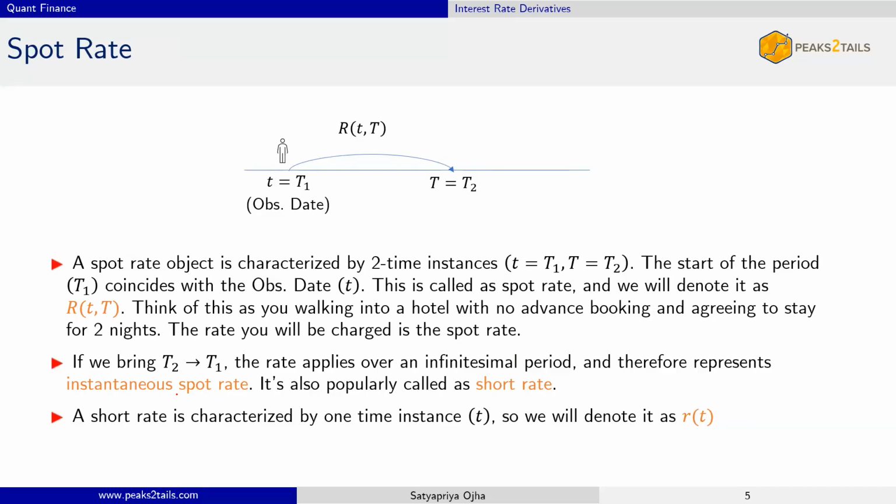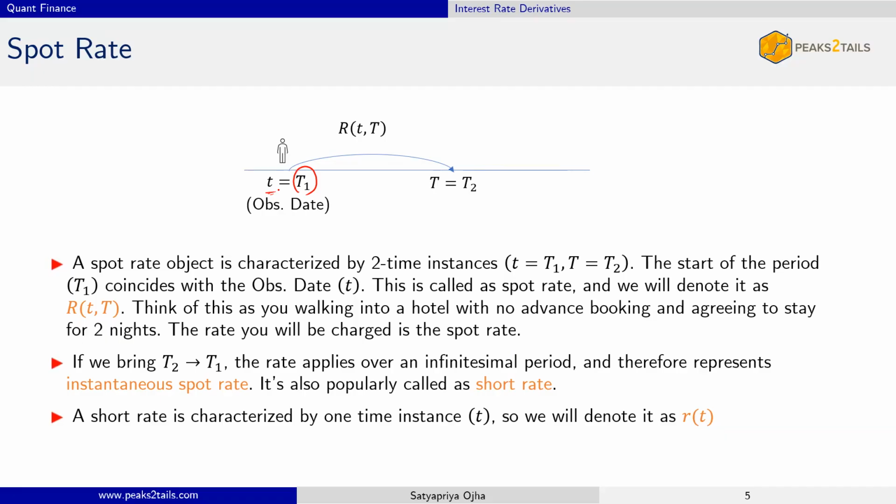So spot rate means something similar: your starting period, capital T1, coincides with the observation date. That means it's a rate that starts right away. Whenever you are observing the rate, the start of the rate period is that date, because it's on the spot.